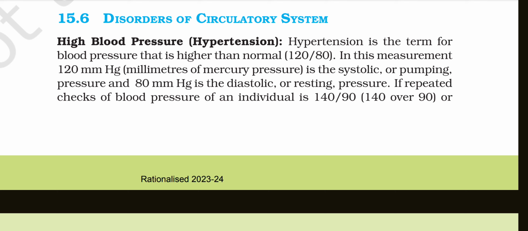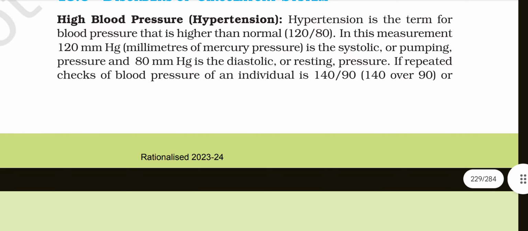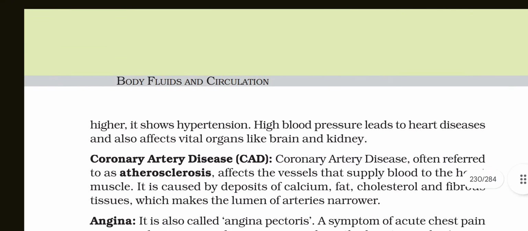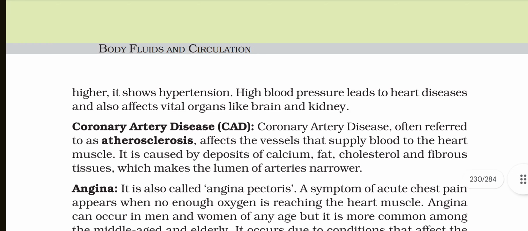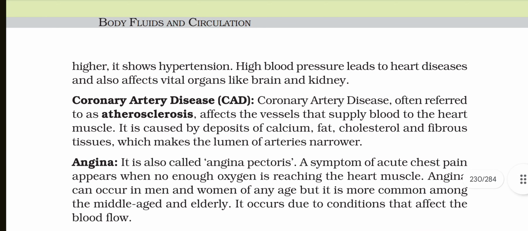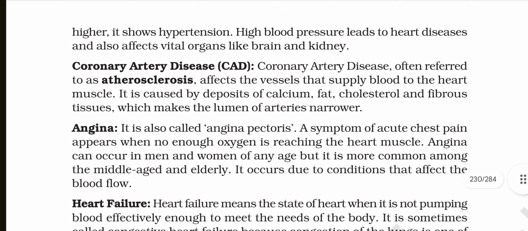If repeated checks of the blood pressure of an individual show 140 over 90 or higher, it shows hypertension. High blood pressure leads to heart diseases and also affects vital organs like the brain and kidneys.